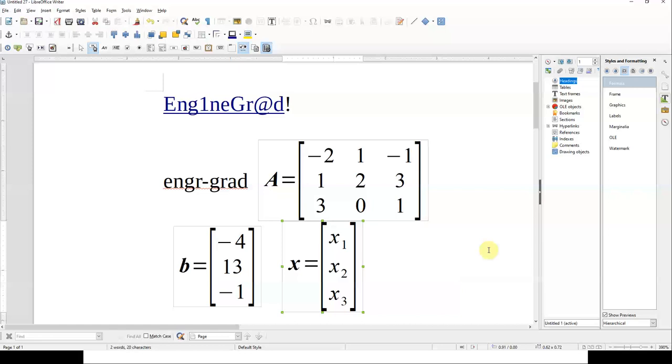That was the original equation we started with. So we call this A, we call this X, and this B. So A times X equals B.